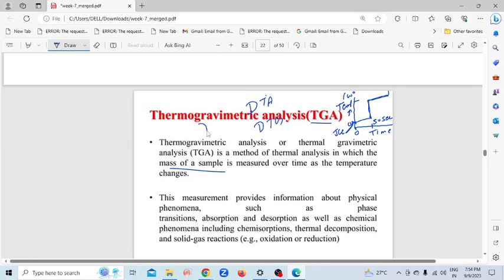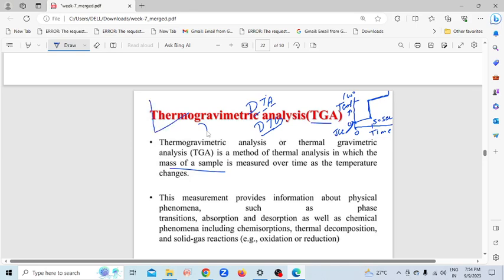DTG is differential thermogravimetric, and DTA means differential temperature analysis. DTG means differential thermal gravimetric, where you will plot.